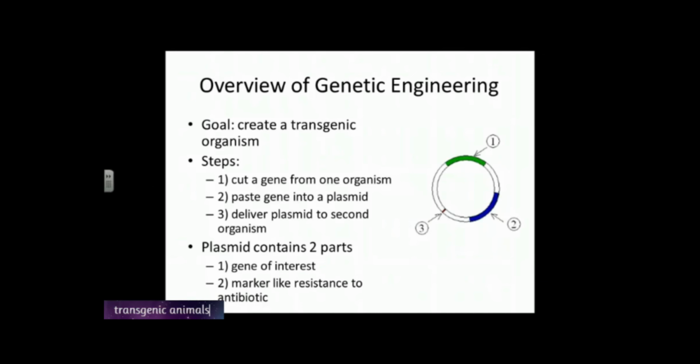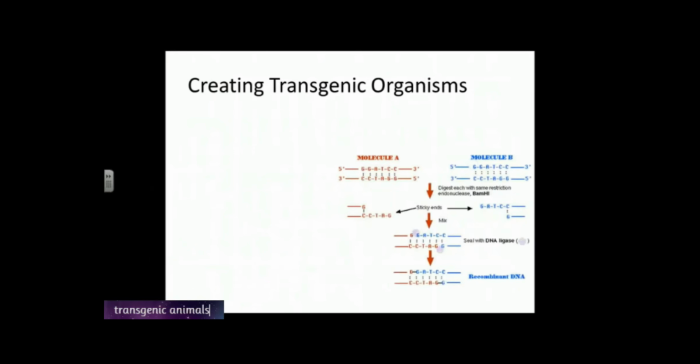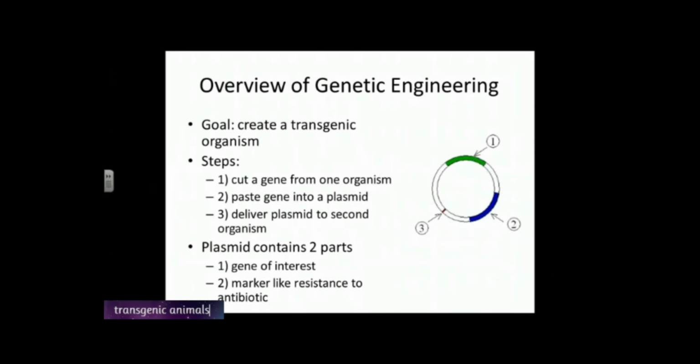And the second one is a genetic marker. A genetic marker identifies plasmids that contain the gene of interest. A lot of times a marker is antibiotic resistance, so that we can grow it on a plate of antibiotics. It kills the ones without the plasmid and it will keep the ones with the plasmid.